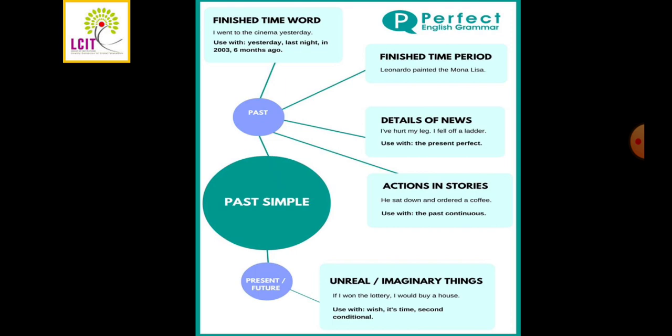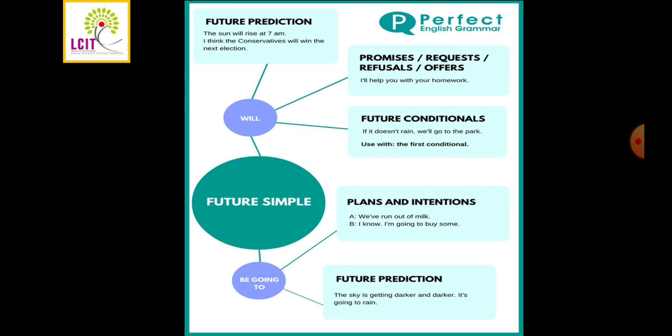Now next is simple future tense. Now what do we use simple future tense for? We use it in order to say what we think or know will happen in the future. Now if I say that we know what will happen in future, it does not mean that we specifically know what is going to happen, whether the world is going to end, whether the aliens are going to attack the earth tomorrow.